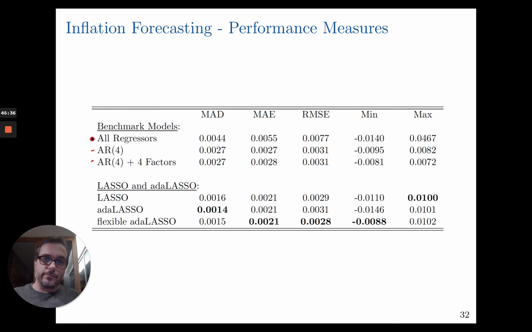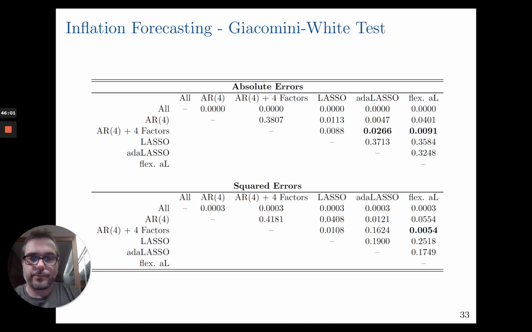And both are the best performing models. What's the difference between ADA lasso and flexible ADA lasso? For ADA lasso, we use the lasso to select the weights. For flexible ADA lasso, we use elastic net to set the weights. And they perform more or less the same, okay?